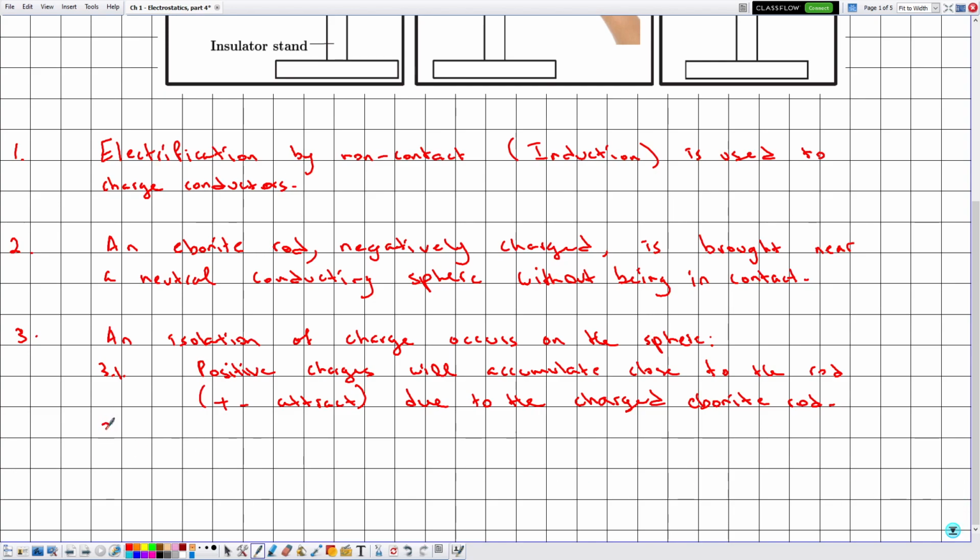Now in 3.2, negative charges will accumulate on the extreme far region, because minus and minus repel.